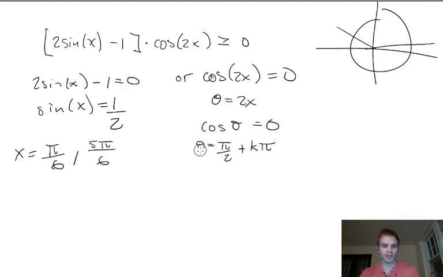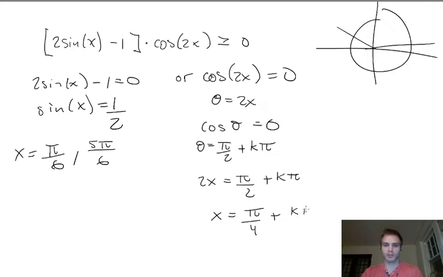But what we can then do is substitute back in our theta equal to 2x. So we'll say 2x equals pi over 2 plus k pi, and then we'll divide by 2, and we get x equal to pi over 4 plus k pi over 2.